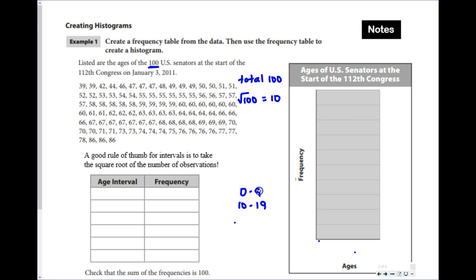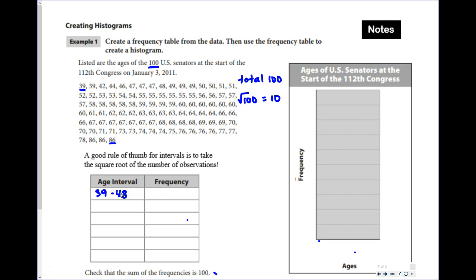In order to figure out what my first interval is going to be, it's not always going to start at 0. I look at my lowest number here, 39, and my highest number here, 86. I want to make sure that I include every value with an interval of 10. You could do this two different ways. You could start at 39 and go to 48, but that's kind of harder math.